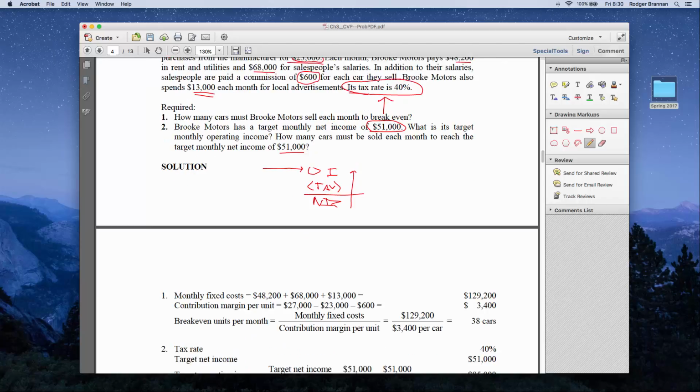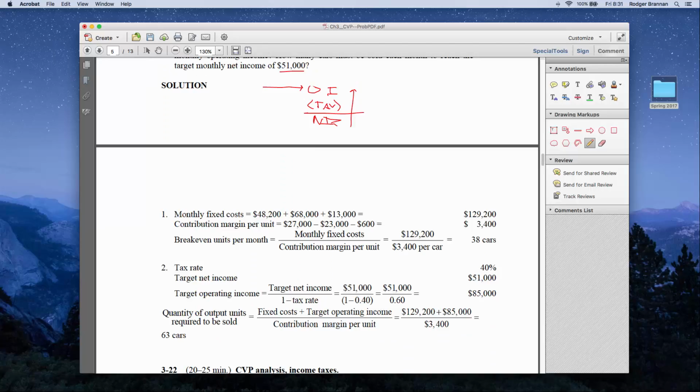either at the break-even point or at a target net income. Now in the first scenario, it's relatively straightforward. The first step is simply to add up all my fixed costs and find out what that total is. Likewise, add up all of my so-called variable costs per unit, and find out that I need to sell 38 cars.